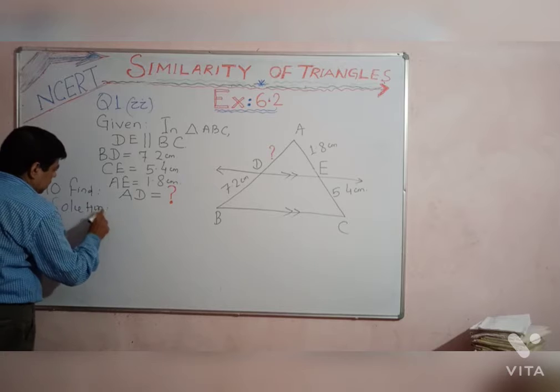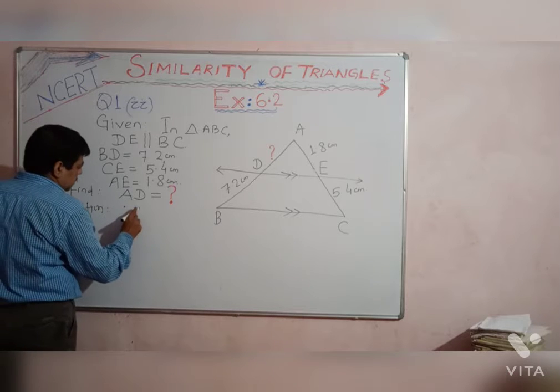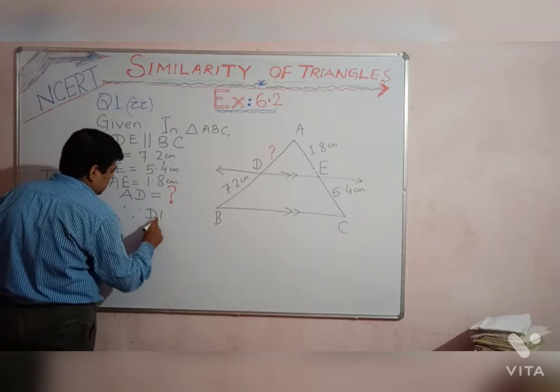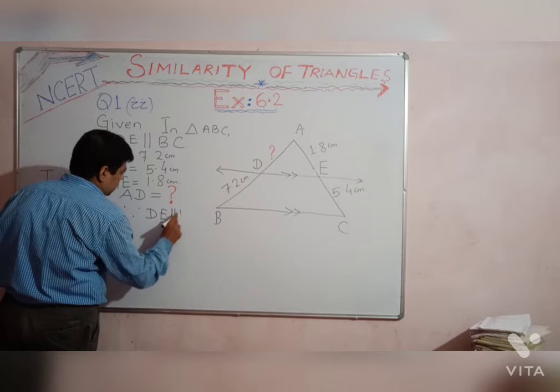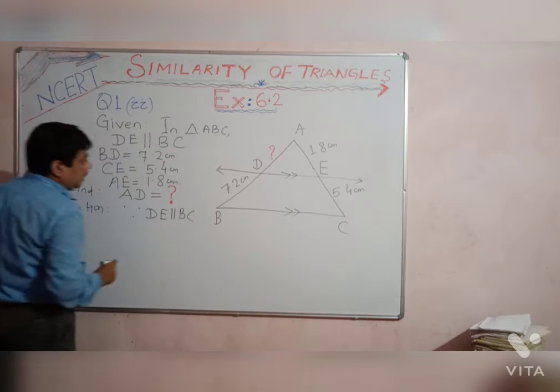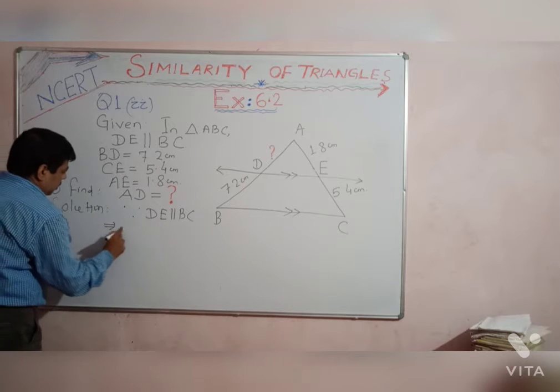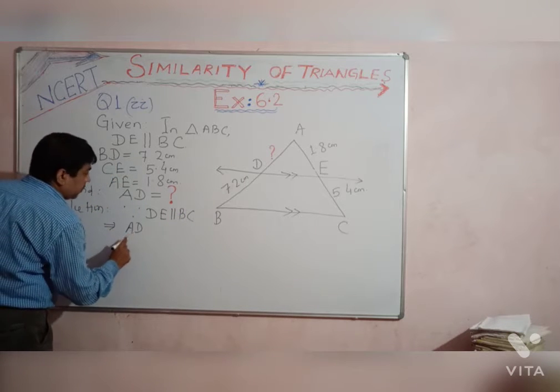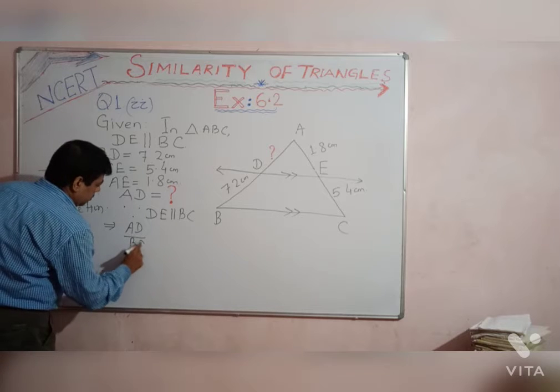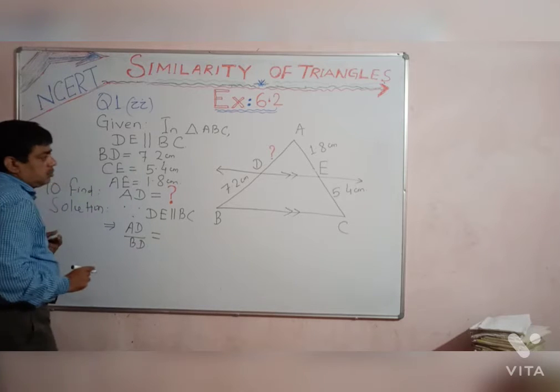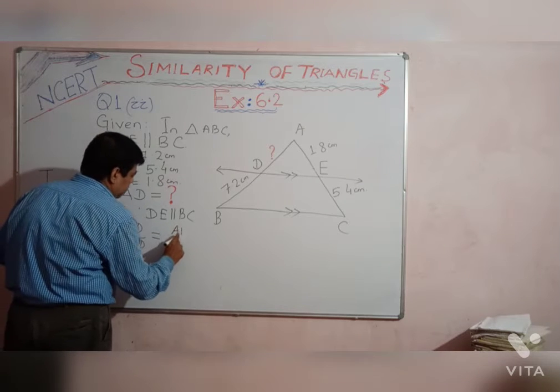Since DE is parallel to BC, yes or no? DE parallel to BC. So we can find AD upon BD is equal to AE upon CE.